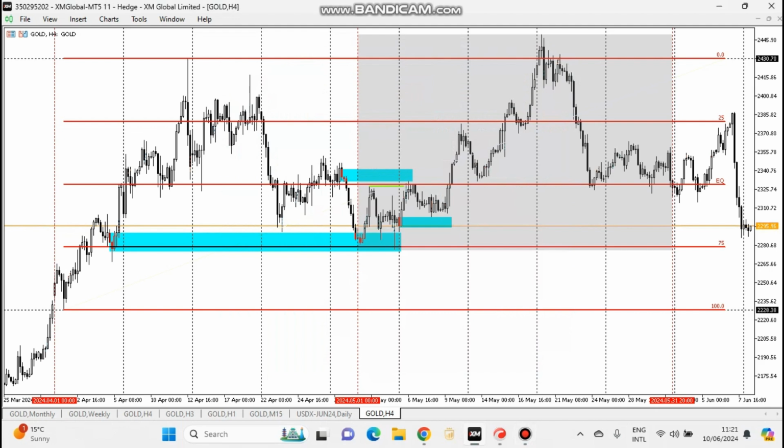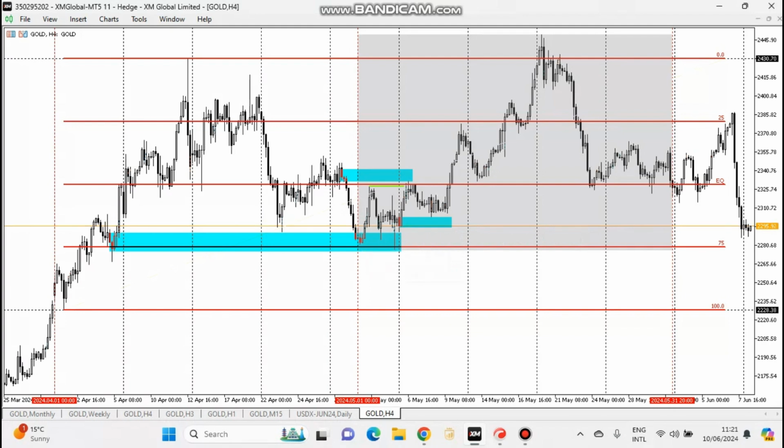I'm not looking for anything down here now. I'm looking at this as a significant point of interest, because this area has been closed. This wick right here has closed everything here.